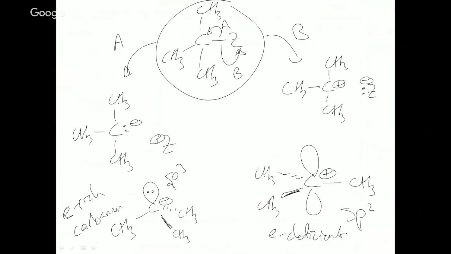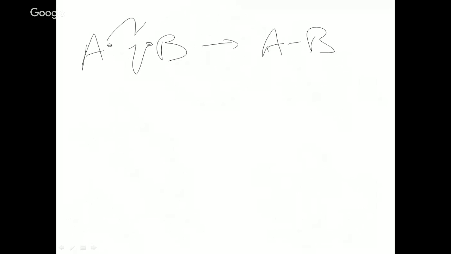So if bond breaking can be homolytic or heterolytic, bond formation can be the same. Quickly, bond formation looks like this. Homolysis, radicals can recombine. And again, there's a lot of driving forces. We'll talk about these: kinetics, thermodynamics, why bonds break, why bonds form.